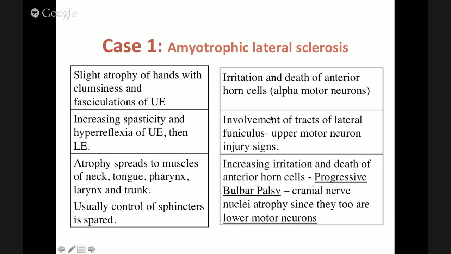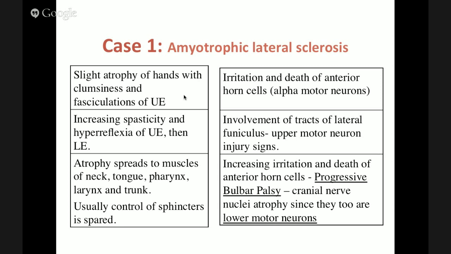So in order to interpret these signs and symptoms, the atrophy within the intrinsic muscles of the hand, the clumsiness, the inability to maintain the grip, as well as the fasciculations in muscles of the upper extremity, the atrophy and the fasciculations were very indicative of lower motor neuron damage.